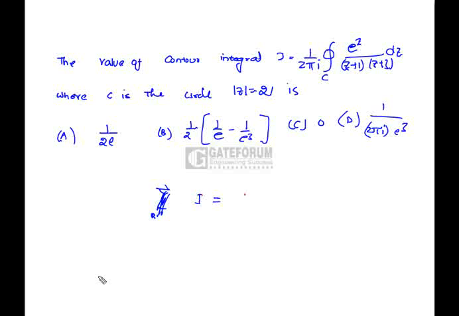Here I is nothing but summation over residue at z plus 1, that is e power minus 1 divided by 2, plus 0 at z equals minus 3. Hence it is going to be 1 by 2e, hence option A is correct.